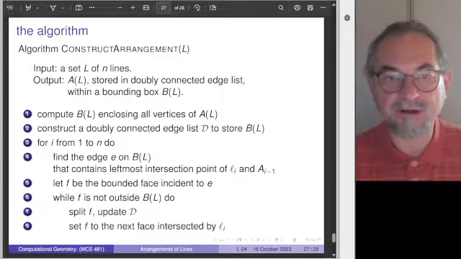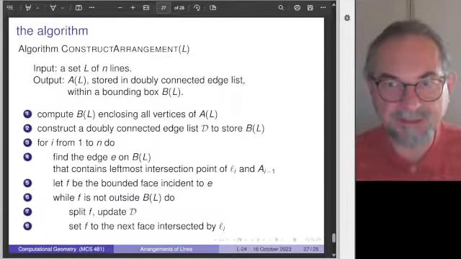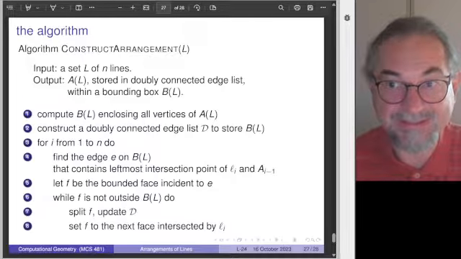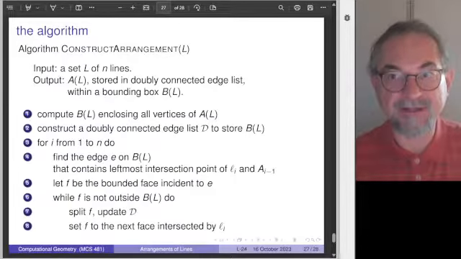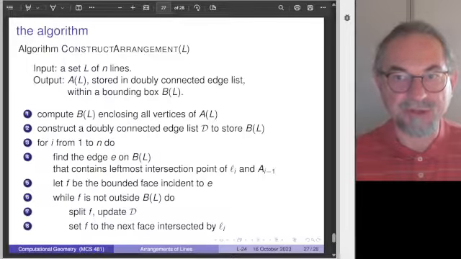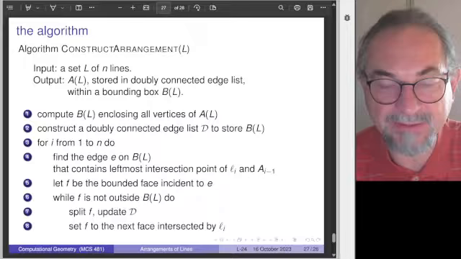So we are going through the faces that are intersected by the line, and the number of faces that are intersected, I can actually give away the zone theorem already, is linear in n. So that is why the number of faces that we have to consider during this algorithm is linear. So we have an n squared algorithm in the end.